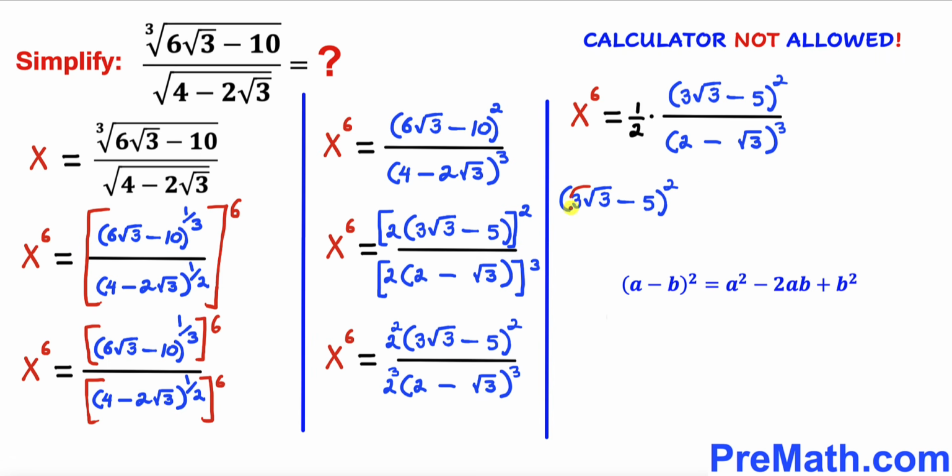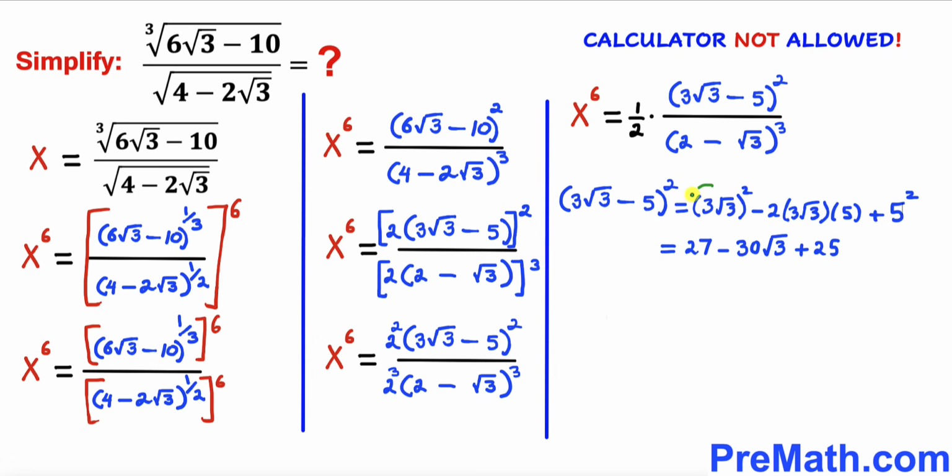If I label this one as lowercase a and this one as lowercase b, then this could be written as 3 times the square root of 3 whole square minus 2 times 3 times the square root of 3 times 5 plus 5 square. And now we know 3 times square root of 3 whole square is 27.